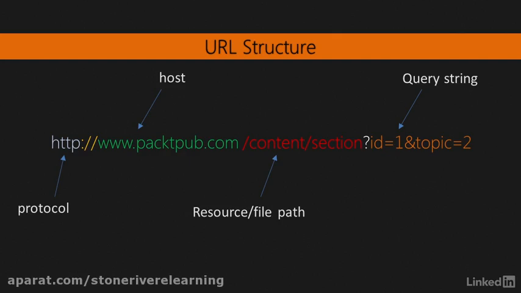These are the parameters that will be passed to the section page for processing purposes. There are some alternatives, like adding username and password for authentication before the host, or explicitly defining the port for cases where the web server is not listening in the standard 80 or 443 ports.